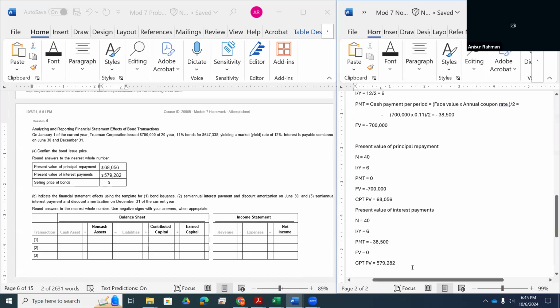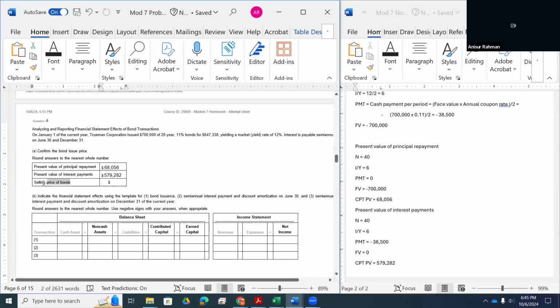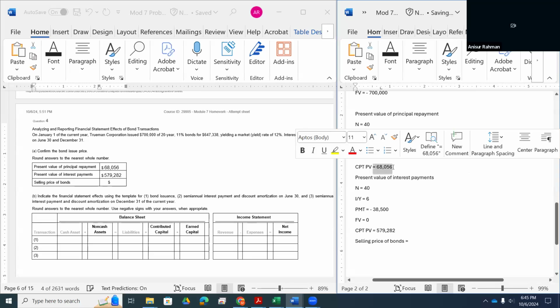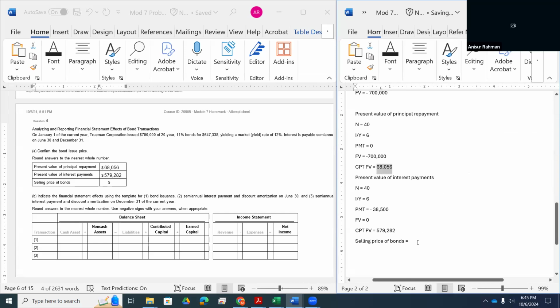So we just have to add these two amounts. So you should get the same number, 647,338.